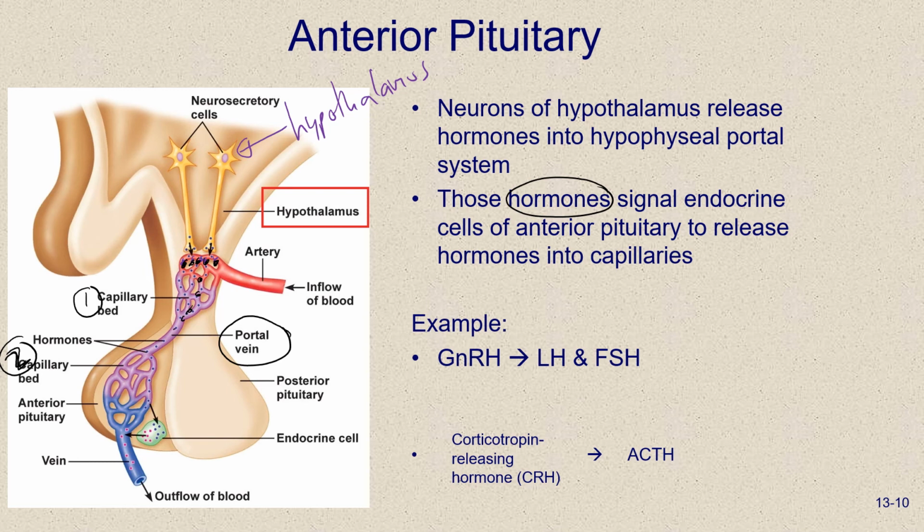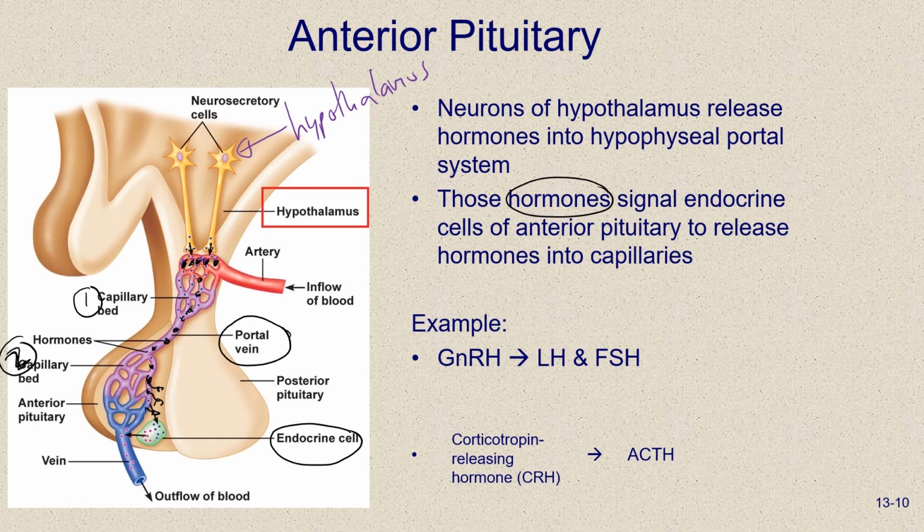And so these hormones travel through the portal vein into the capillary network of the anterior pituitary, where then those hormones diffuse out of the capillaries and stimulate a second set of cells, these endocrine cells in the anterior pituitary gland.